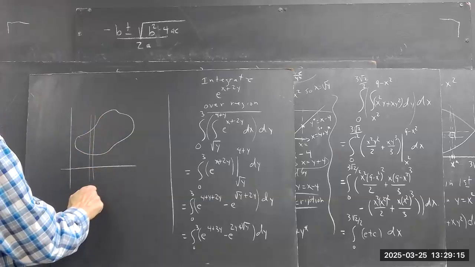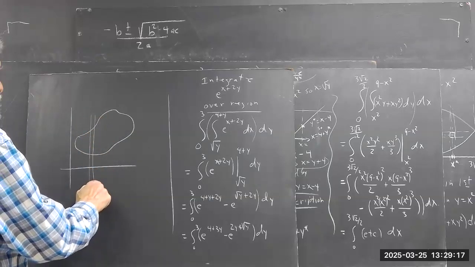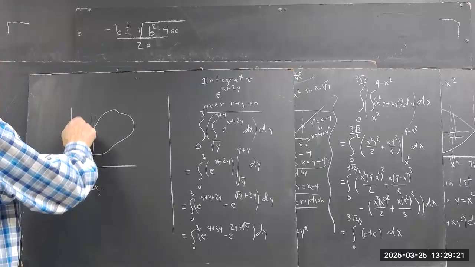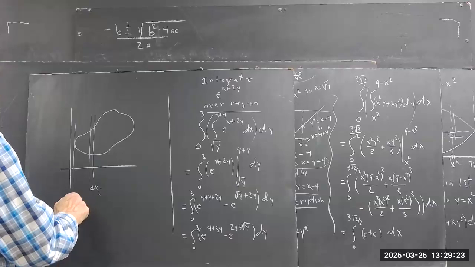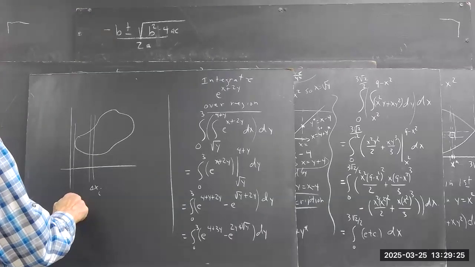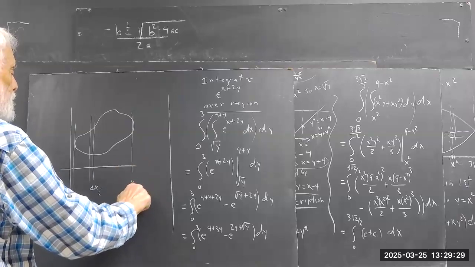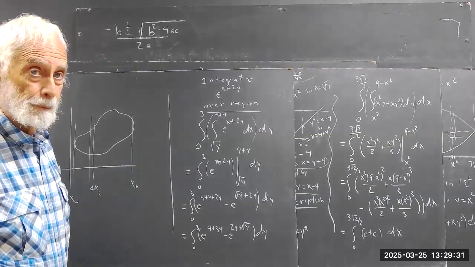Thinking of a typical x increment, call this increment delta x sub i. It's like we've got an x sub 0 here and x sub n here.